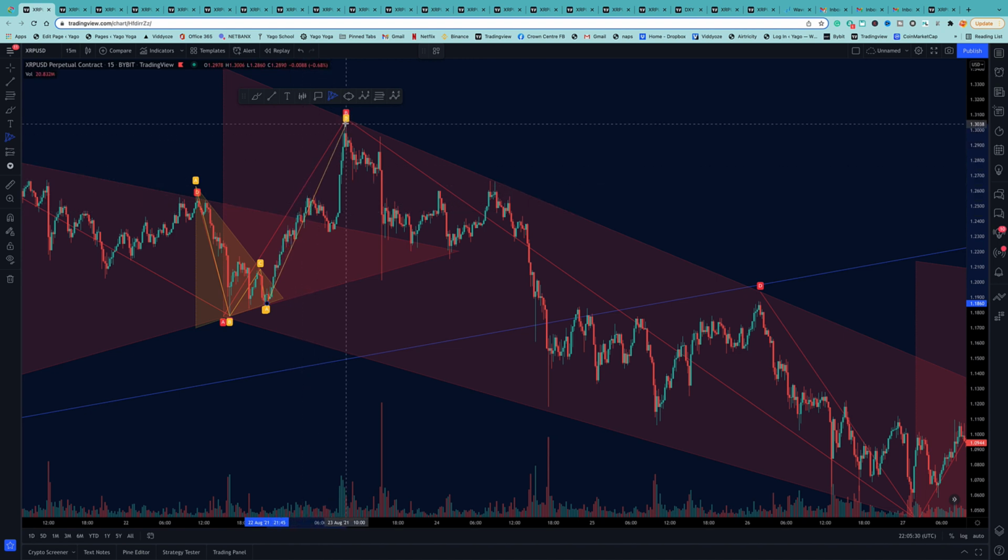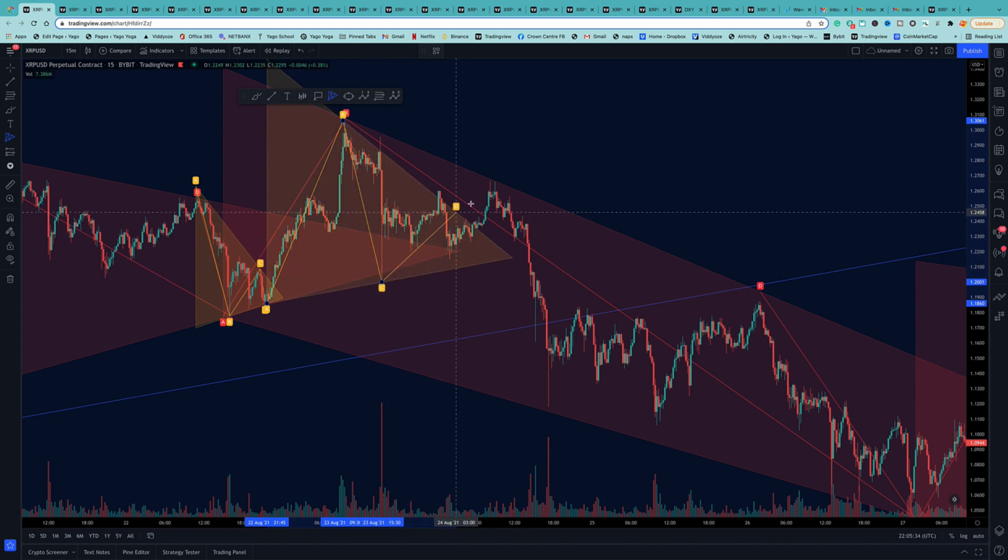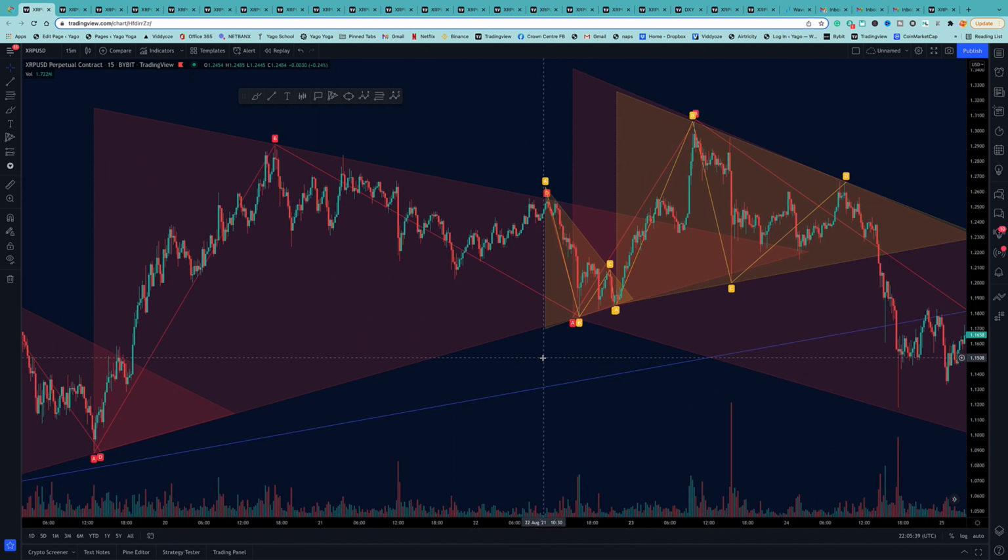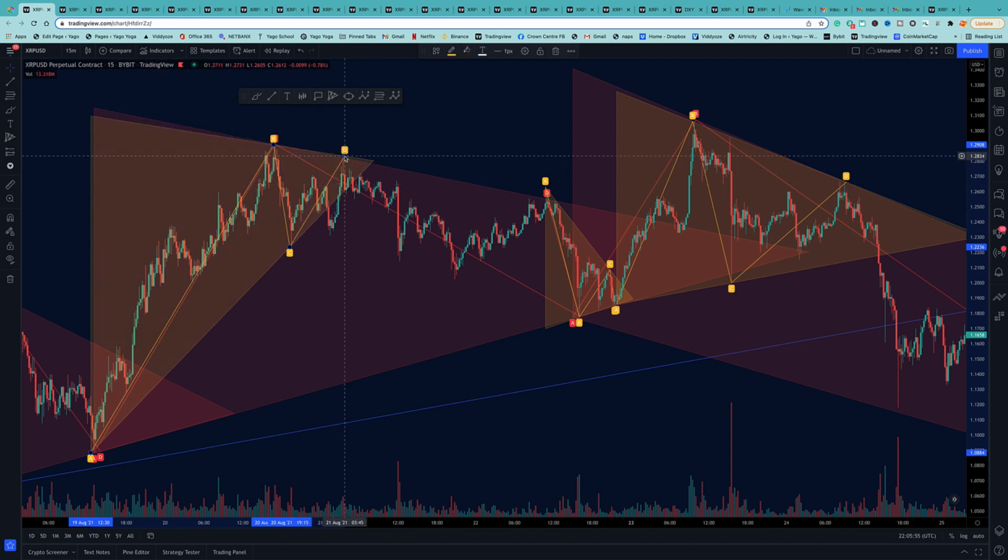There's a 15 minute. Let me see, do I have this one right? I have this one right. If I went to here, so here's the wave, correction, the wave, the correction.